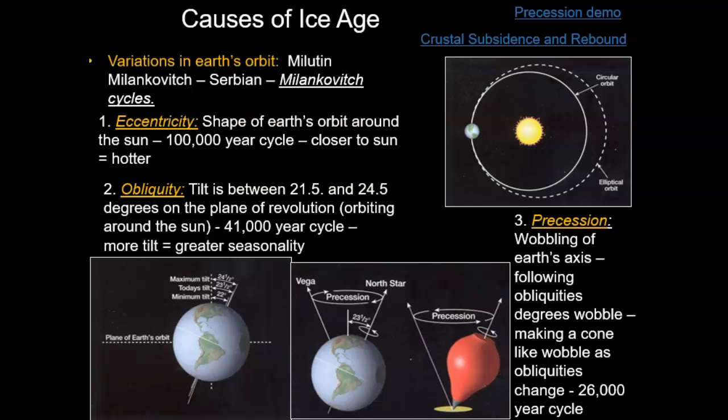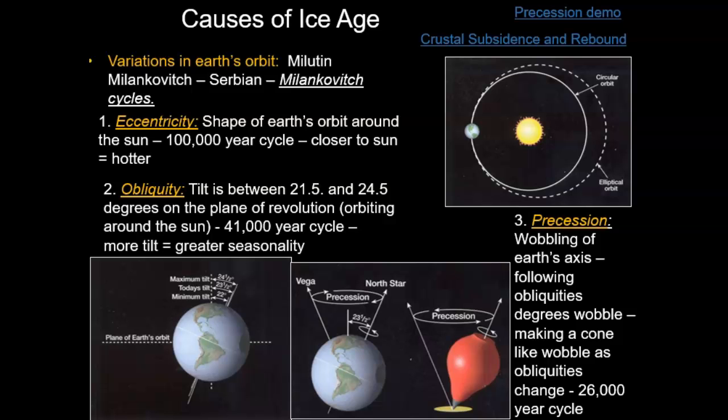And lastly, using precession, some parts of the Earth will be colder than others as the wobbling points to a different direction, during a cycle that lasts 26,000 years. All of these have different cyclicities, but a combination of the three of them can make certain points in time colder than other points in time.